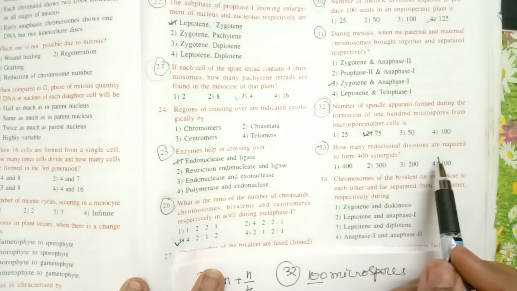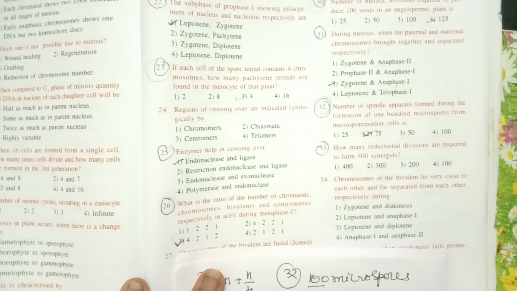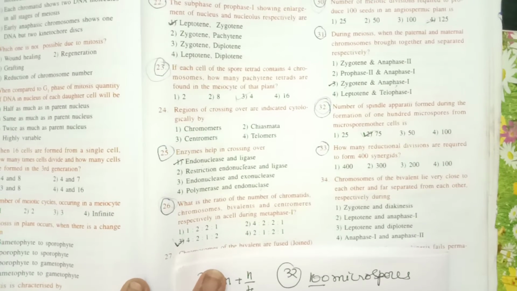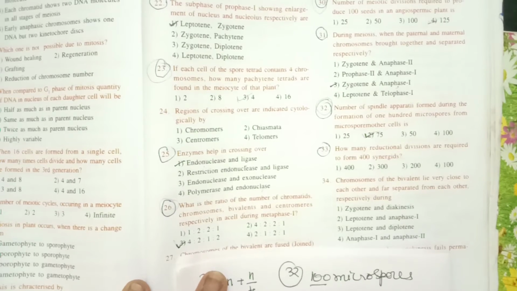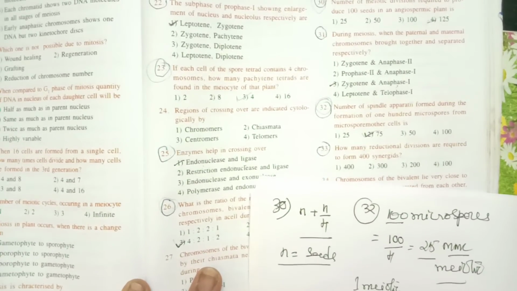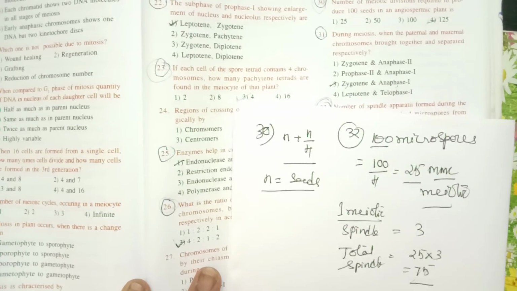How many reductional divisions are required for formation of 400 synergids? You know, synergids are formed after reduction division of the megaspore mother cell. One megaspore mother cell will produce 4 megaspores.